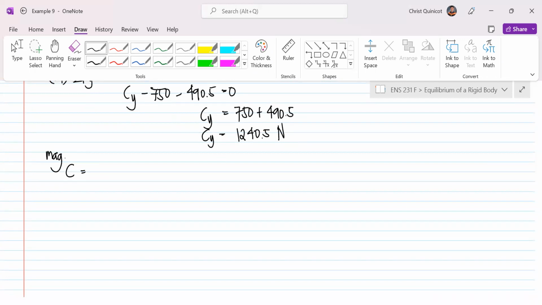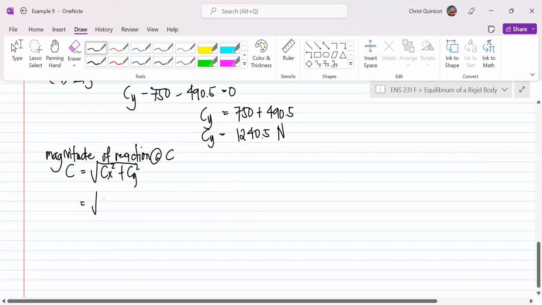So for the total reaction at support C, the magnitude of our reaction at C is the square root of C sub x squared plus C sub y squared.